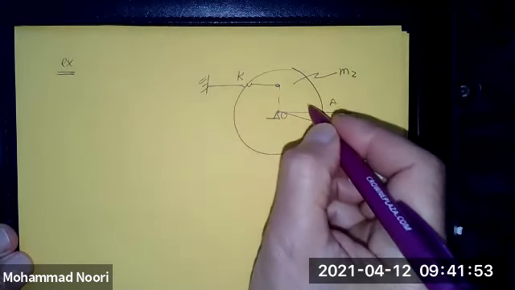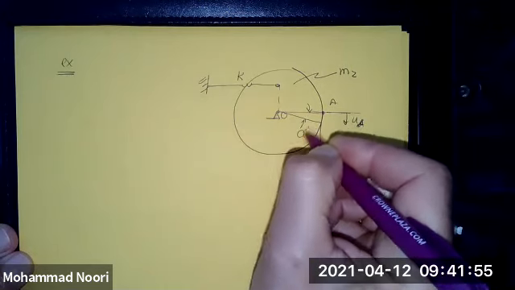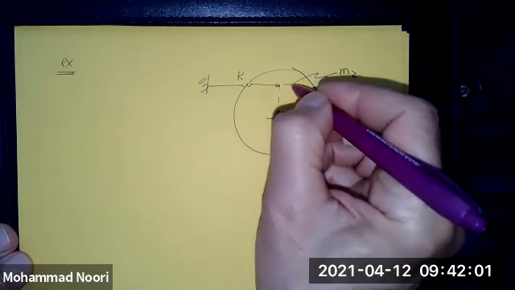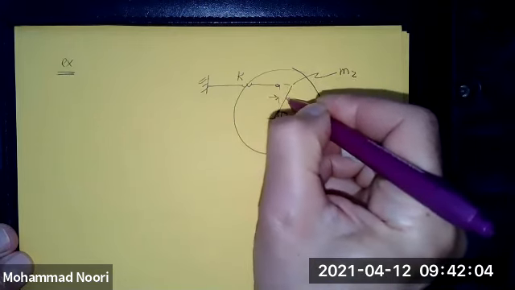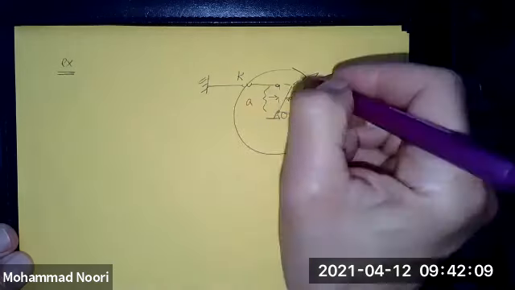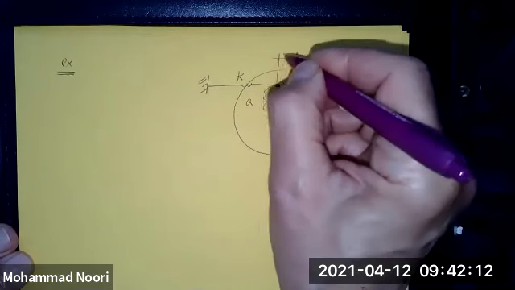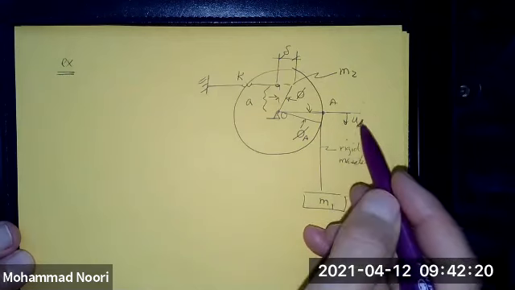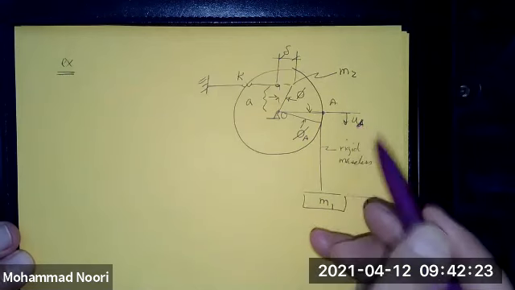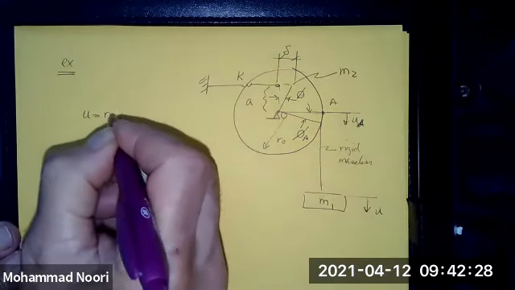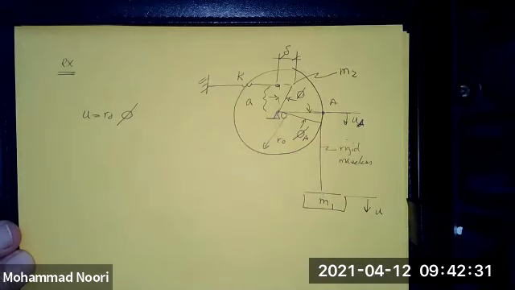Let me call this rotation, as before, phi at A, which is the same as this phi. This distance was a, and the displacement that this spring would experience is delta. All right, I want to derive the equation of motion in terms of u. Radius, we said, is r naught. So u was r naught phi.